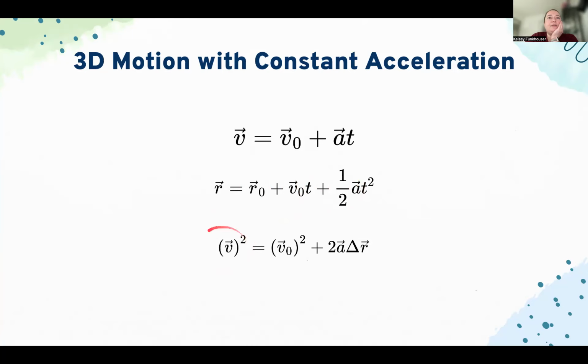And then the velocity squared at time t equals the initial velocity squared plus 2 times the acceleration times the displacement. Remember, these are vectors, so you can't mix them, for example, you can't take the velocity in the y direction with the acceleration in the x direction.